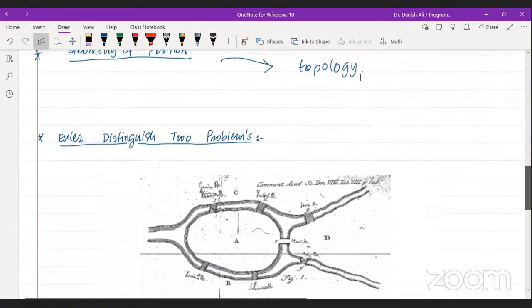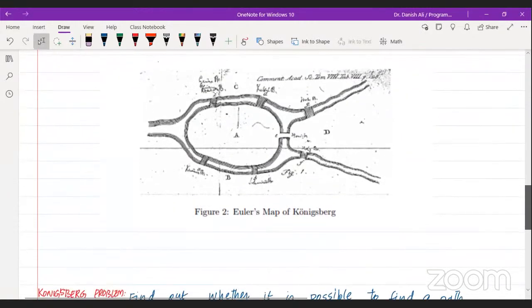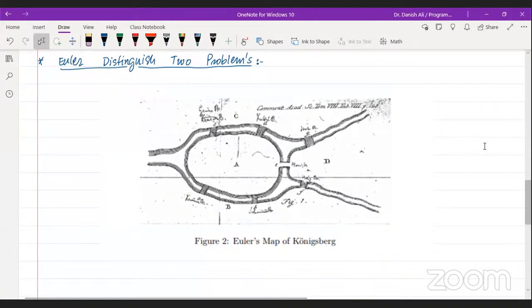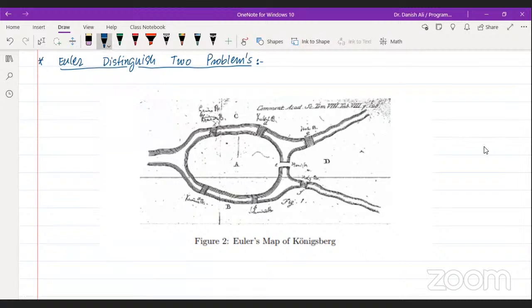So he distinguished two problems from this one problem. The first thing he does is make his own picture of the map of Königsberg. And if you see, he named the land masses with capital letters A, B, C, and D. And small a, small b, small c, small d, small e, to name the bridges.